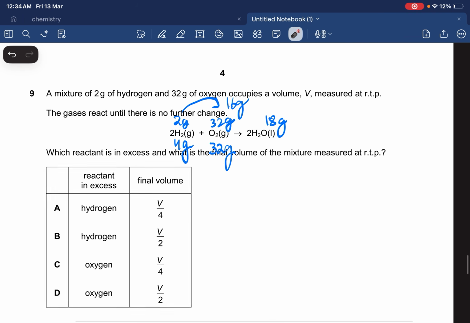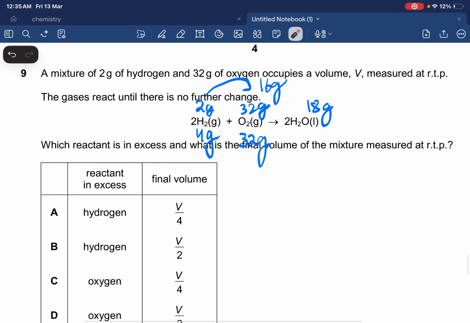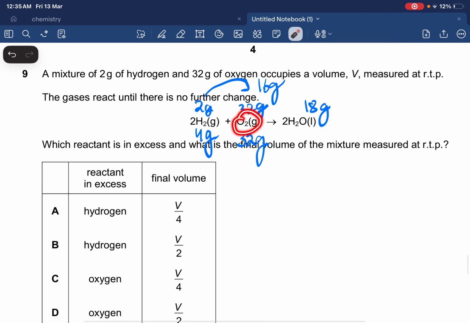Which reactant is in excess? Oxygen is in excess, because according to the theory, this is 2, this is 2. 2 times 2 means 4 grams. So 4 grams is going to react with 32 grams. 32 grams is the molecular mass of oxygen, and that's going to form 2 times 18. 18 is the Mr of water, and we have 2 waters being formed over here, so that's going to be 36 grams.